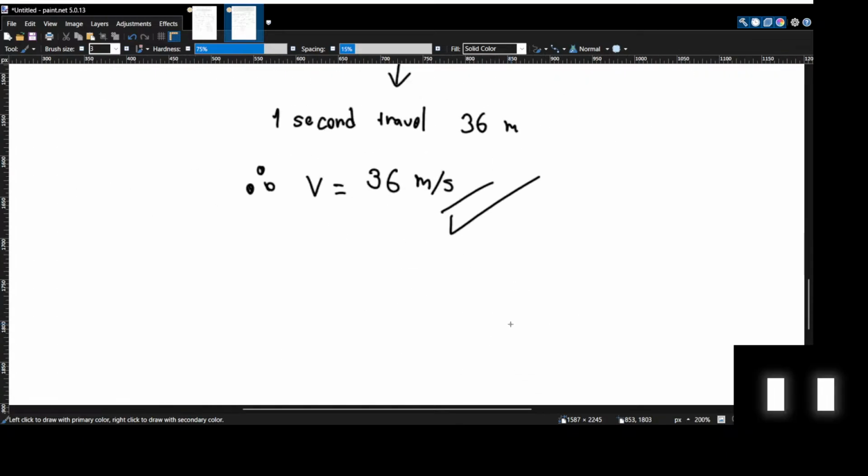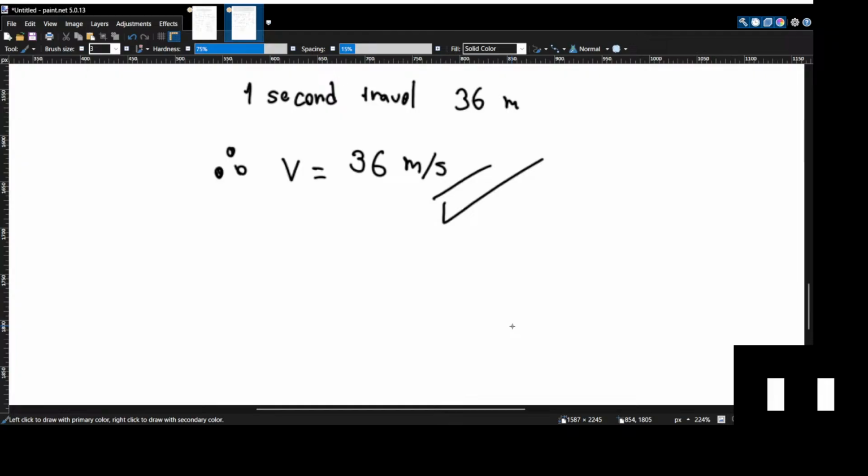How much would that be in kilometers per hour? Well, that would be 3600 divided by 1000 times 36. Cancel those guys out.